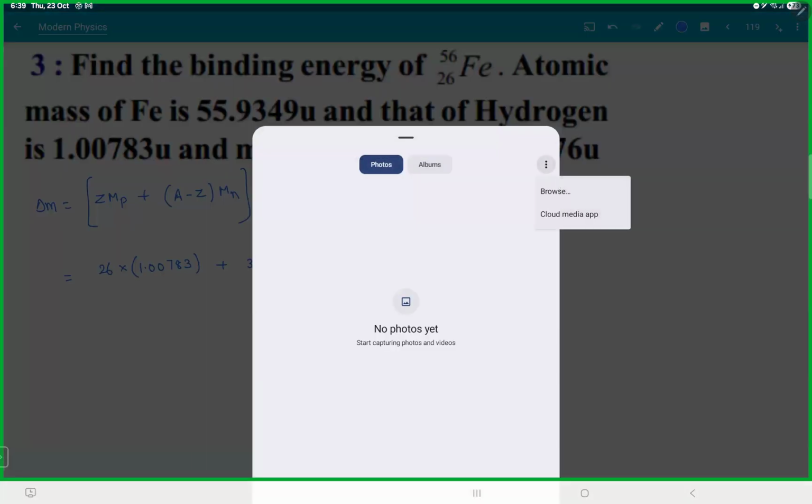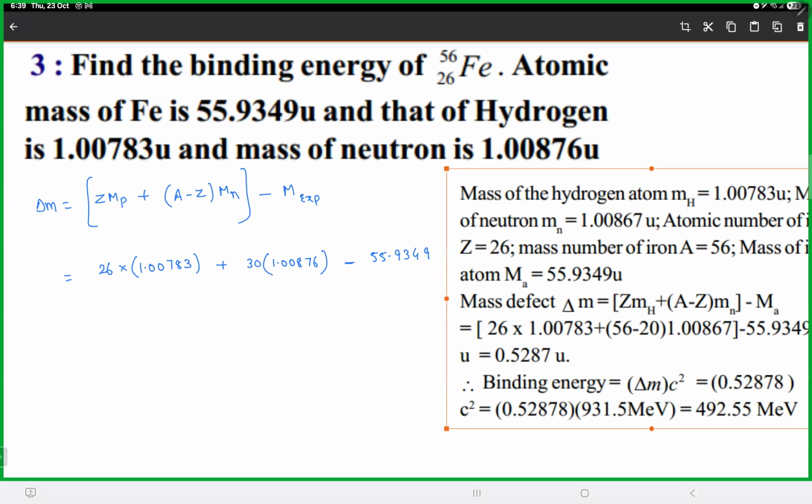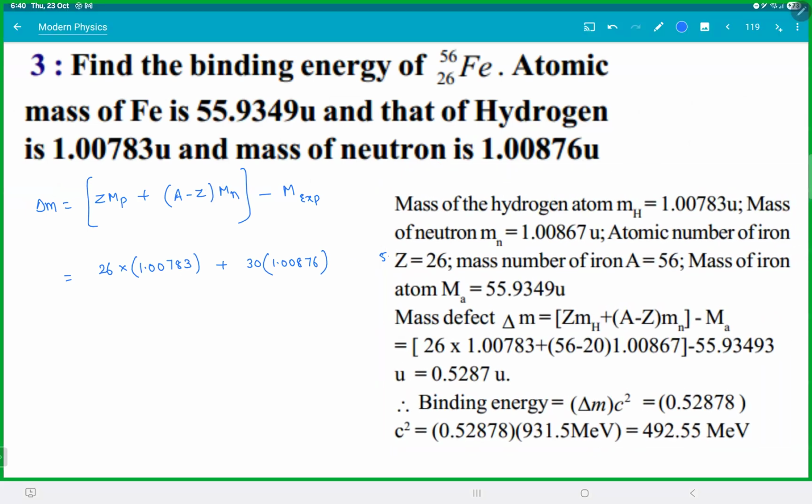So the working would look something like this. You can see the numbers there. 55.9349. If you subtract this, you'll end up with this number here, 0.5287 AMU.